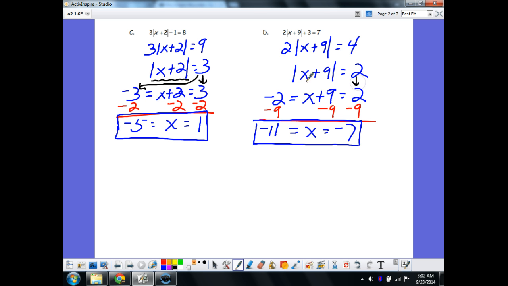Same thing here. We set the part that was inside the absolute value equal to this number and the opposite of that number. Okay, so we're actually going to set up two separate equations for these.